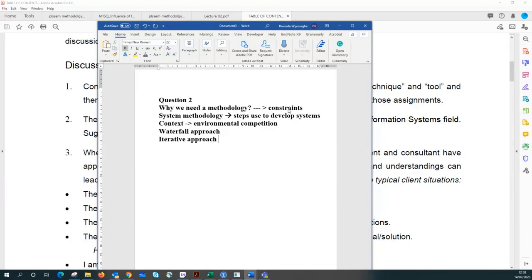Basically, in the iterative approach, we usually try to implement the riskiest parts first, right? Because then it's easier later on to plan, once you tackle the riskiest, more complicated, more dangerous parts of our system.